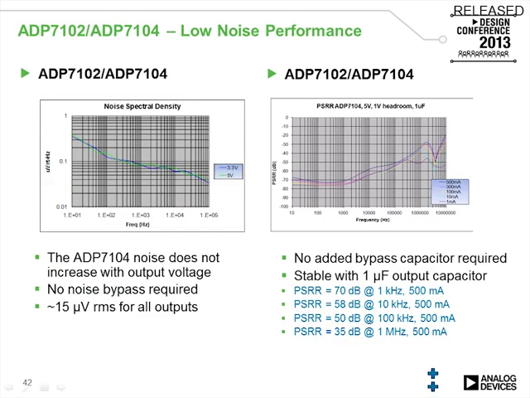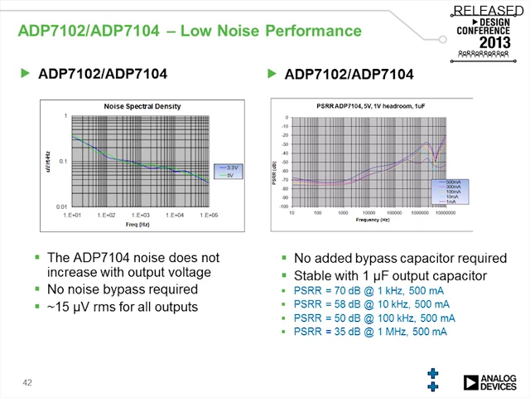Here we'll take a quick look at some of our newer devices, the ADP7102 and 7104, which are low noise devices, where the big thing to notice about the 7104 is that the noise doesn't increase when the output voltage increases. Here we have the same input voltage to the device with 3.3 volt and 5 volt outputs, and the noise spectral density is very, very low, independent of output voltage.